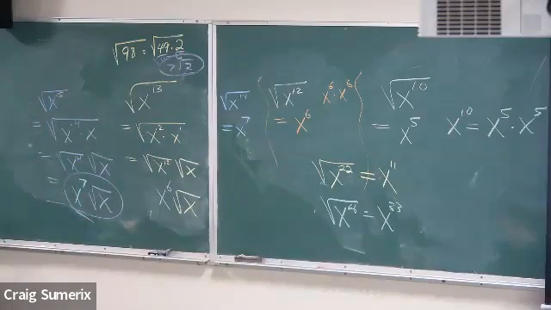Could we break it into a smaller number? What are two other numbers that add up to give you 15? Could you take x to the 15th, square root of it, and break it into x to the 10th and x to the 5th? Well, yeah, square root of x to the 10th is x to the 5th.